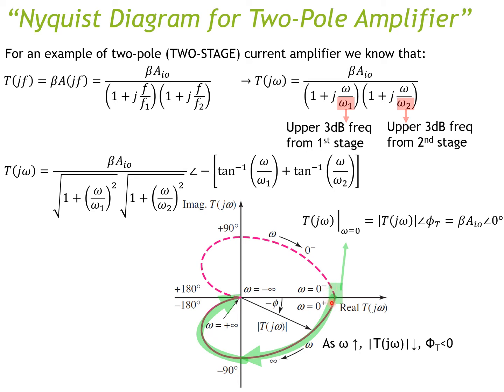So as you see, as omega increases, the distance between your examining point and the origin will slowly reduce and reduce, just getting smaller and smaller down to 0. How about your phase? Phase is always negative.